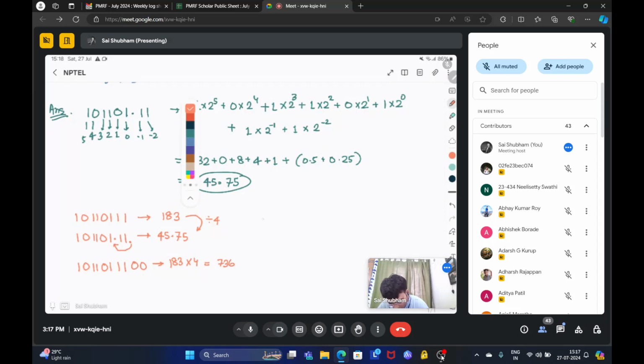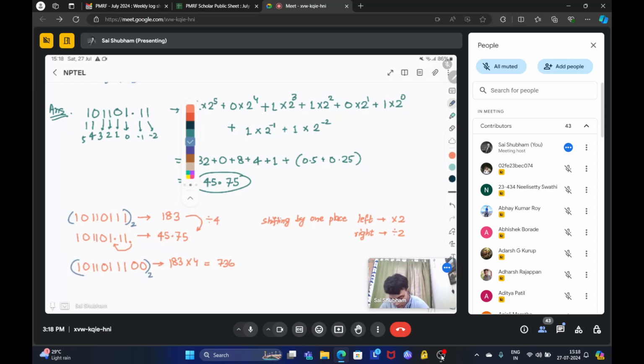So shifting by one place, if it is towards left, you multiply by 2. If it is towards right, you divide by 2. Division and multiplication by 2 is happening because the base of the system is 2.